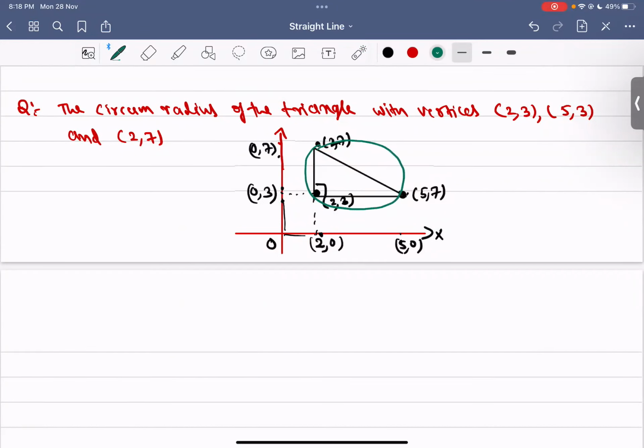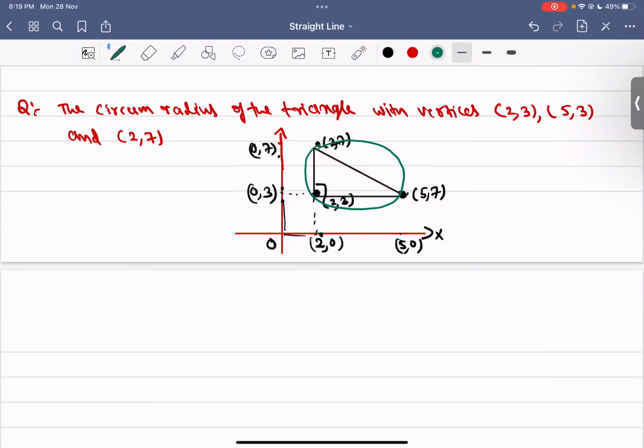This is the circumcircle. As it is a right angle triangle, the circumcenter lies on the midpoint of the hypotenuse. That's why this hypotenuse itself is the diameter of the circle. Therefore, circumradius is what? Half of the diameter.